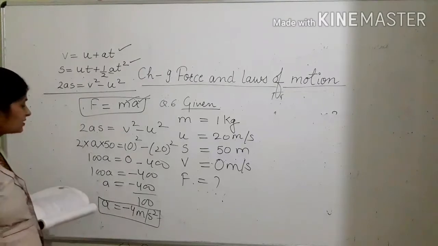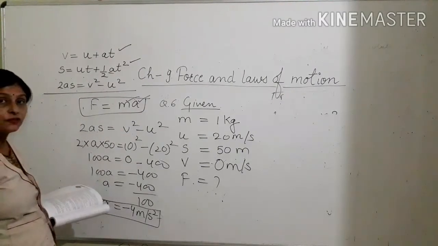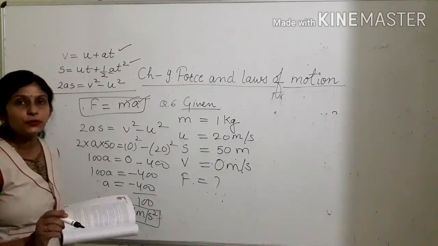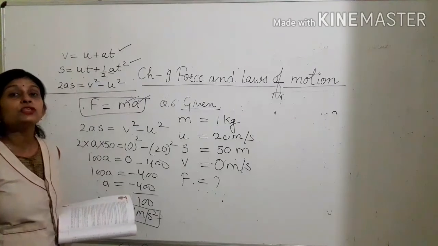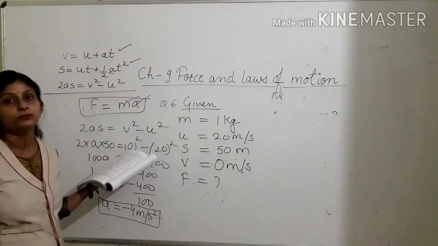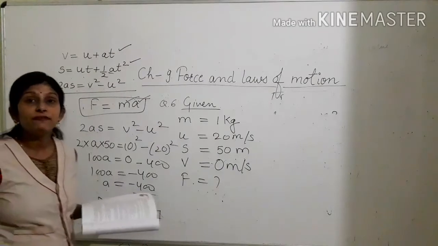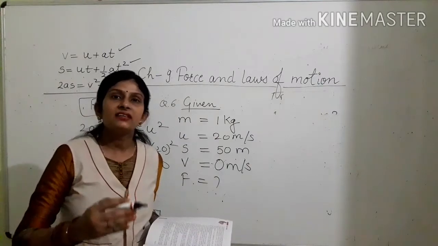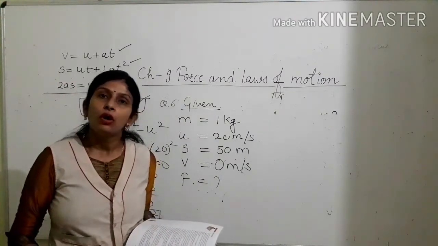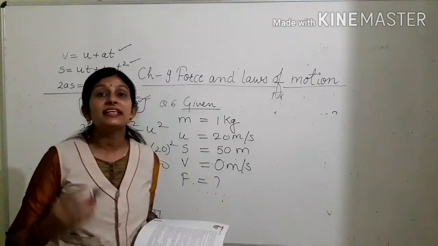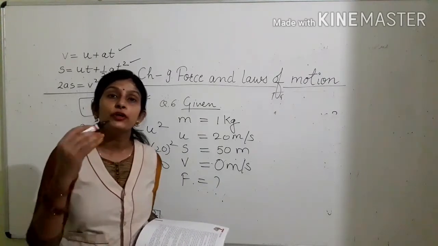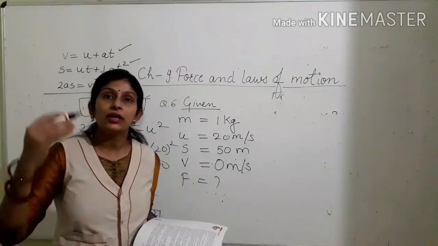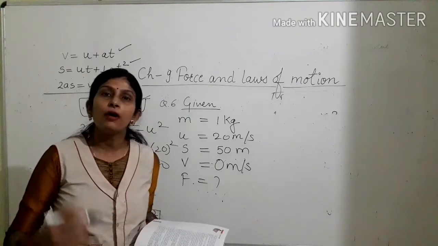So here acceleration is negative, minus 4 meter per second square, which shows that this acceleration is produced in the direction opposite to the direction of the motion of the stone. Why? Because that frozen surface of the lake, which is made up of ice, exerts a frictional force on the stone. Frictional force is an opposing force which reduces the motion of the stone, which makes the stone come to rest from motion.